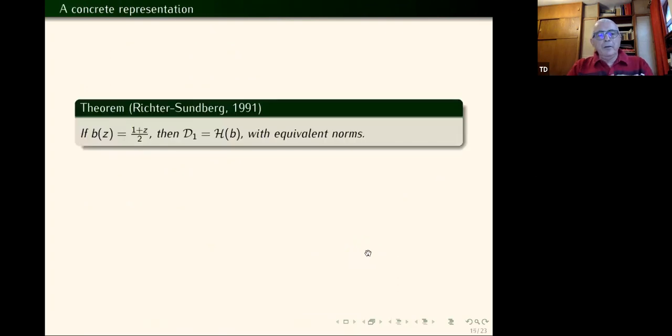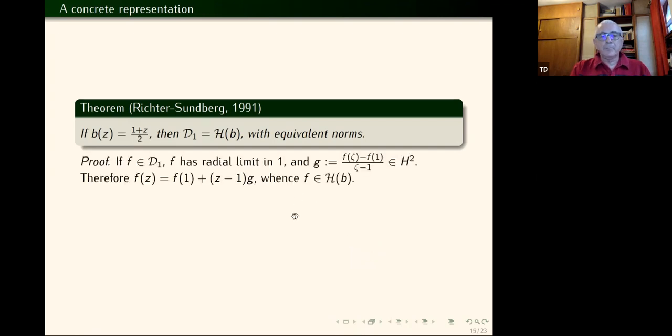Okay, now there's a theorem obtained by Richter and Sundberg in 1991 that says that, again, our old friend b of z equals (1 plus z)/2 has the property that the Branges-Rovnyak space is precisely equal to D1, with equivalent norms.